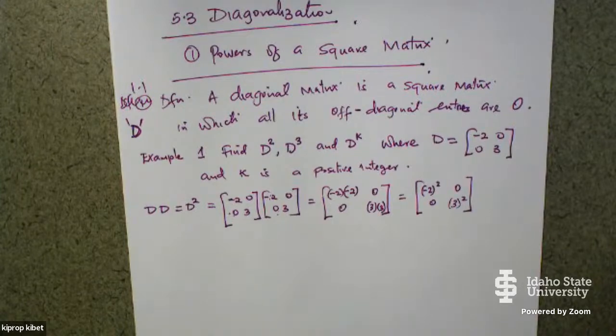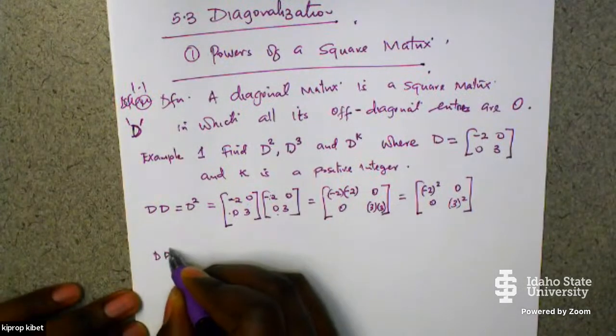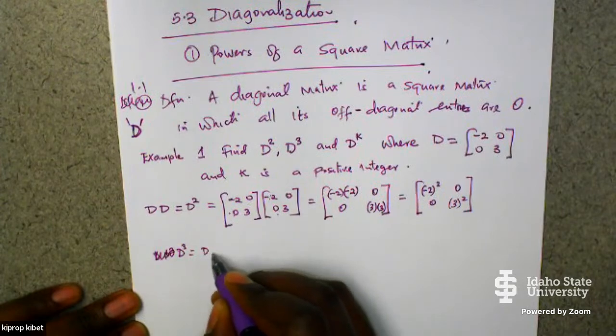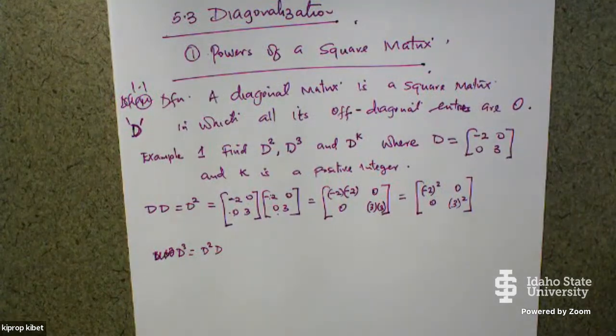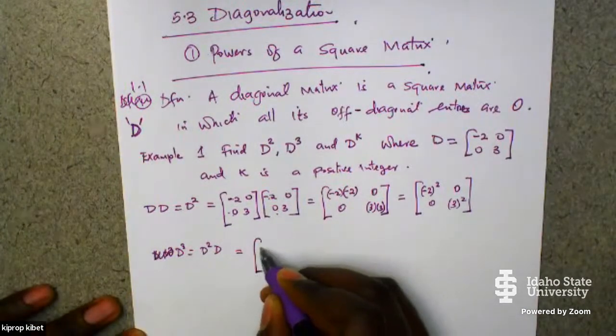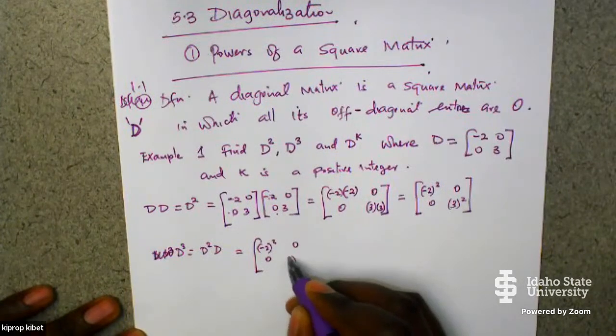Now, what happens for D cubed, which is the same as D squared times D? We've already gotten D squared, which is -2 squared, 0, 0, 3 squared.